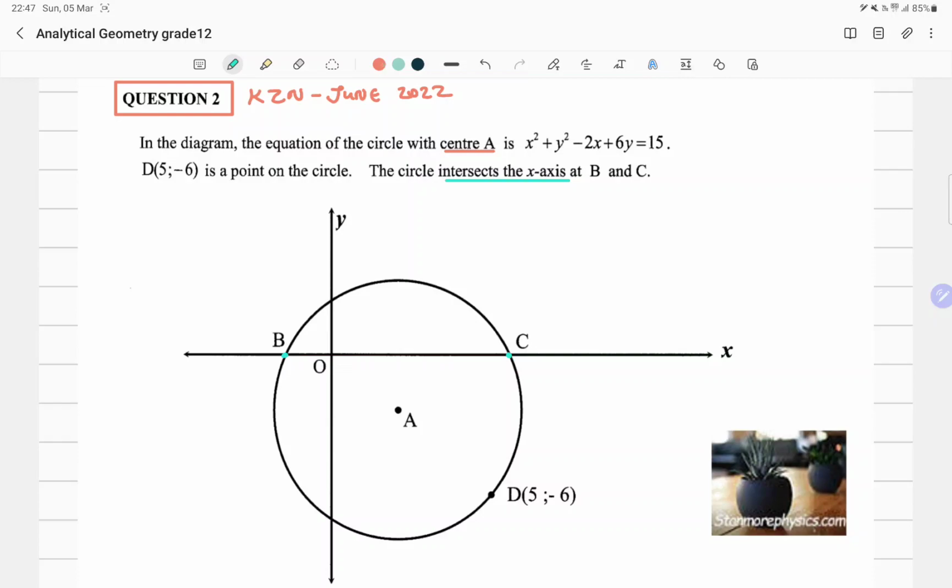So what can we do here? We can determine the center of the circle and get the coordinates of A, and by doing so it will also give us the radius of the circle, R. And then we can also determine the x-intercepts by making y 0.